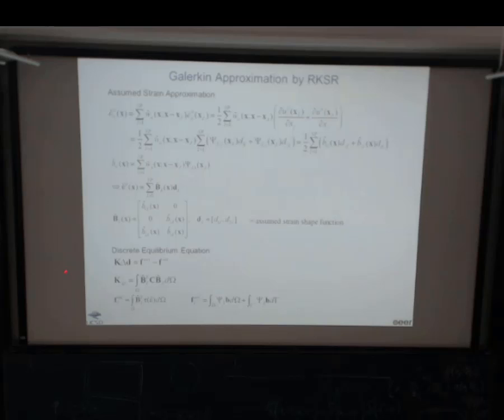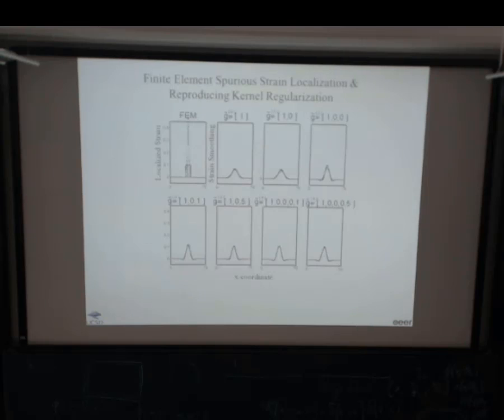And then now you have to bring in the variational equation, and all that, but I just take a shortcut. Anyway, this becomes a mixed formulation. Then you have to be careful about the inf-sup, the LBB condition. But anyway, in the end, you can now discretize the equilibrium equation by this assumed strain approach.